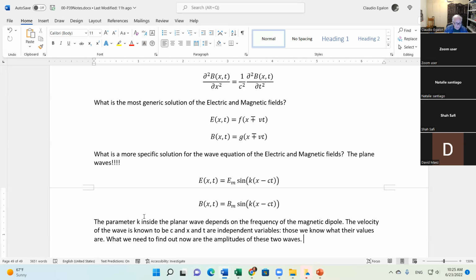We cannot find their specific values. However, we can find how E sub m and B sub m relate to one another. Okay. How do we do that? We're going to do that right now.